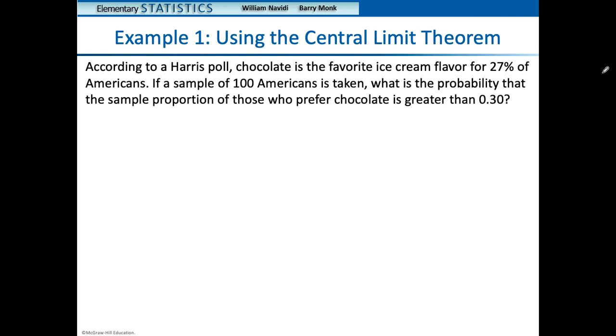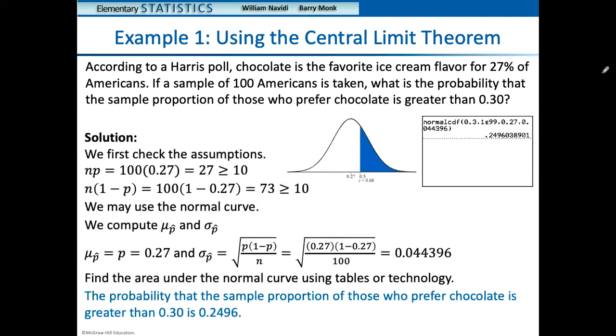Okay? So we will apply the central limit theorem for proportions to solve this problem, because the question being asked is in regards to the sample proportion, right? So we have to treat the sample proportion as a random variable.